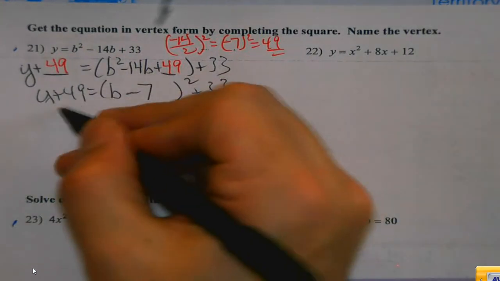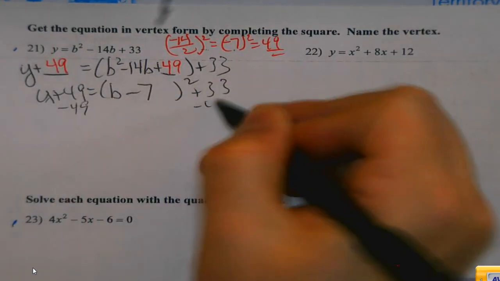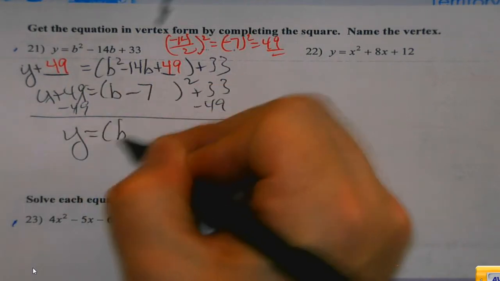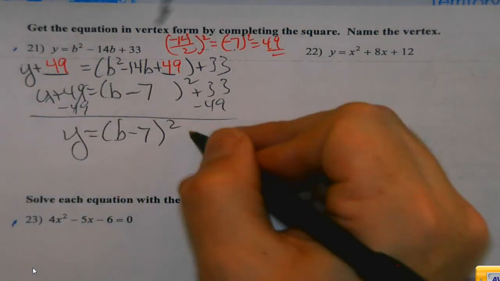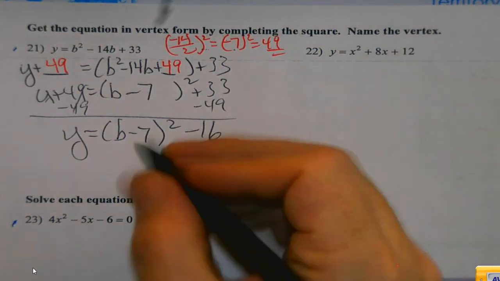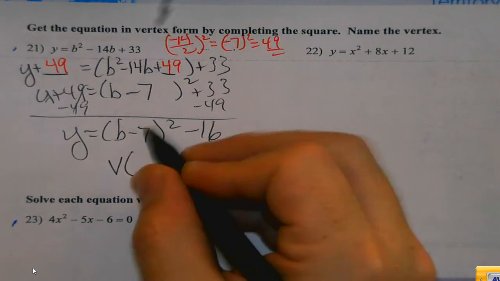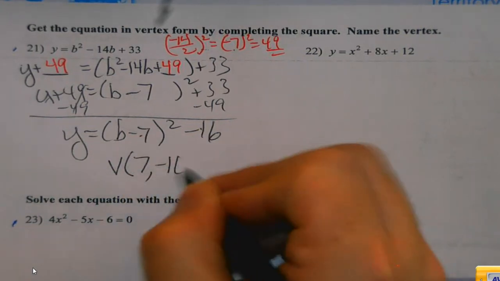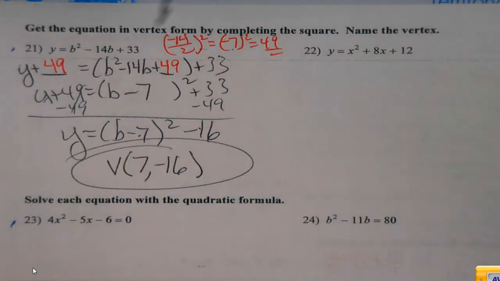So to get y by itself, I stay outside my parentheses. But this time it says, name the vertex. Opposite of h plus k. And get to my answer.